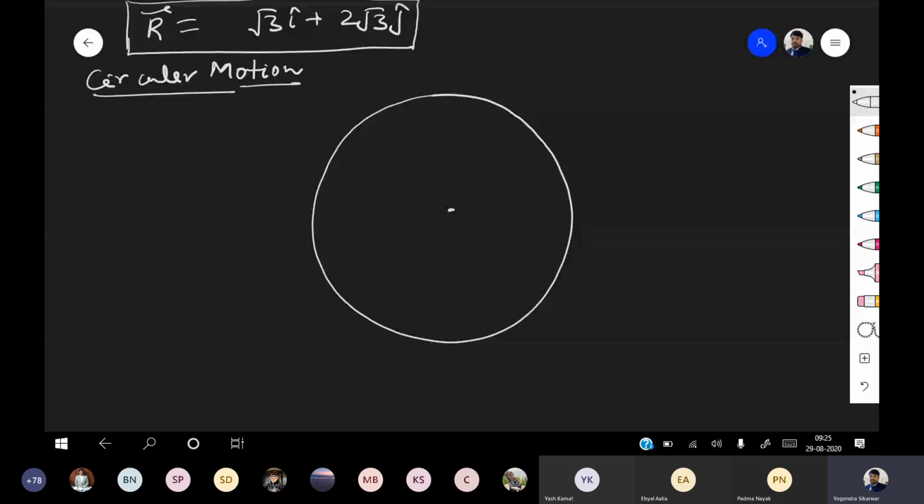Okay. So what we talked about in previous classes: suppose an object goes from A to B, moving on such a path.